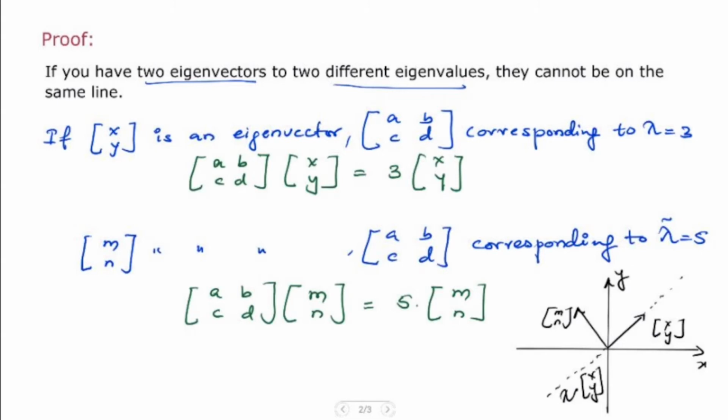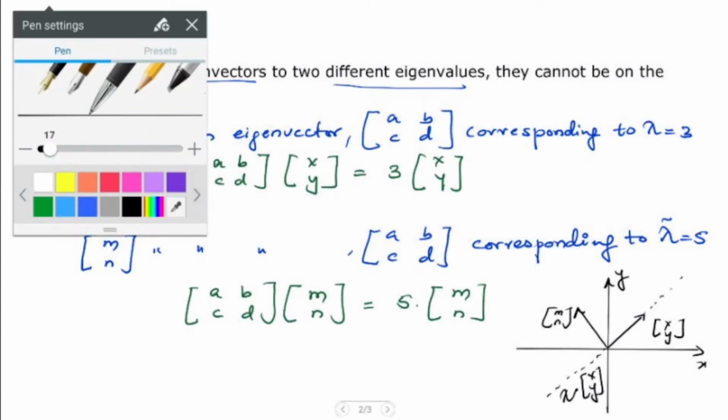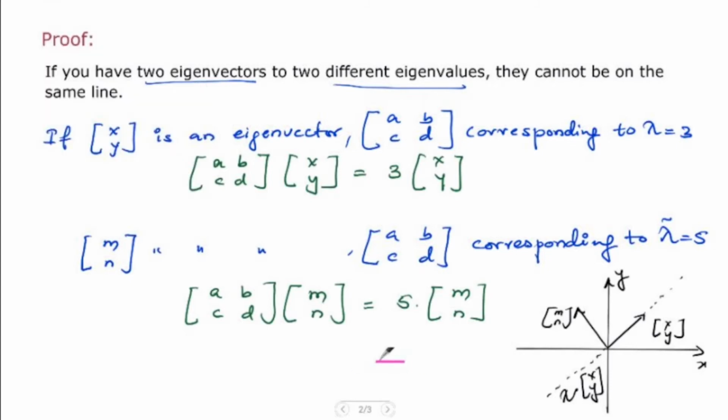So what does the statement actually mean here? It means that the eigenvector x, y is not equal to any real number times the vector m, n.